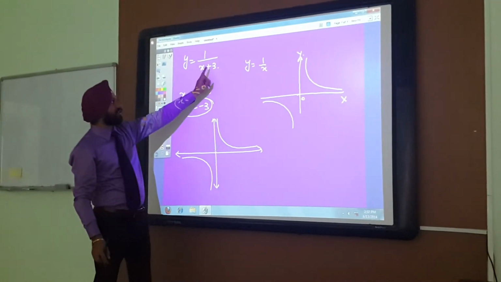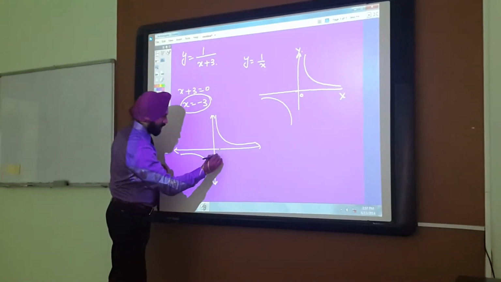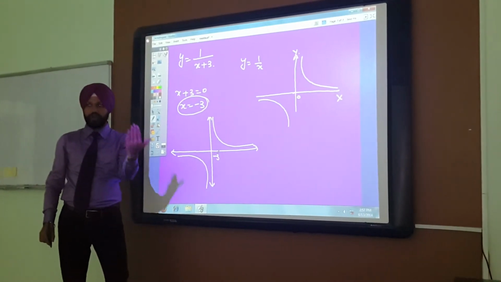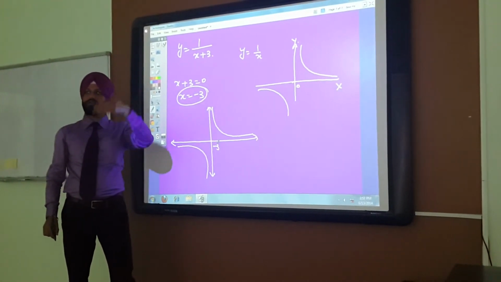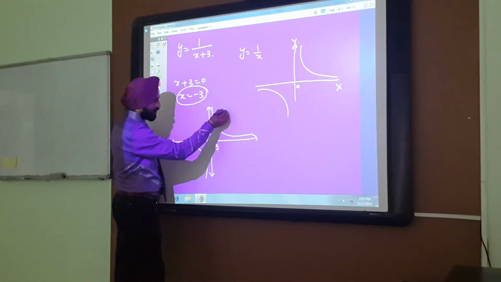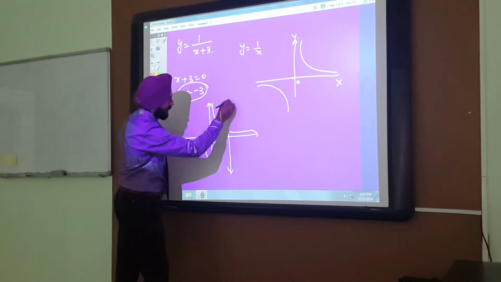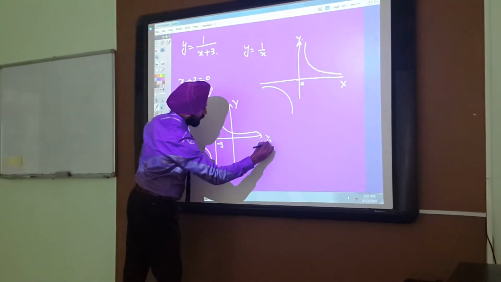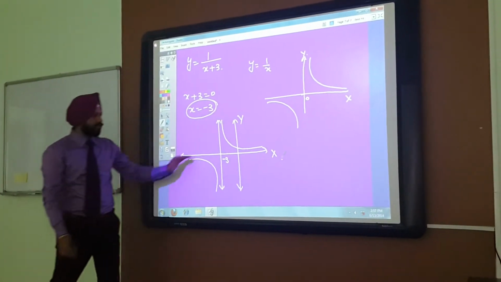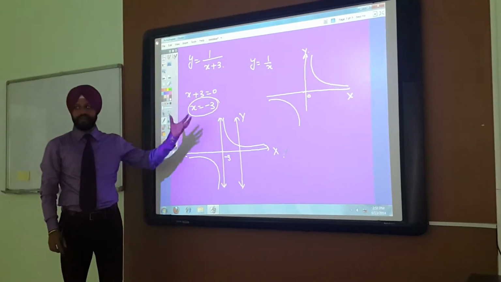Okay? But in this case it is minus 3. So it is minus 3. Now where is 0 then? Minus 3 always on left side. So 0 will be on the right side. So let's say 1, 2 and 3 units. So this is your original y-axis and this is your original x-axis. Okay, and this is your curve. So this is best actually, how to make it fit.